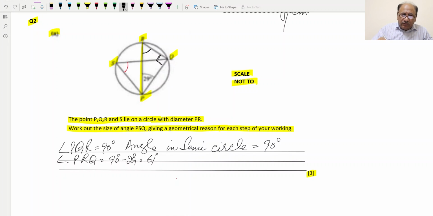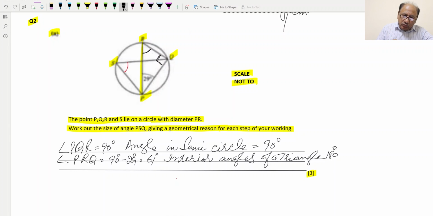And the reason for this will be interior angles of a triangle add up to 180 degrees.